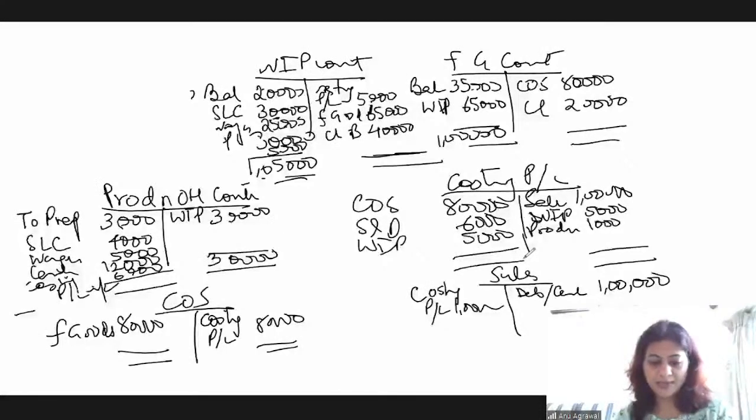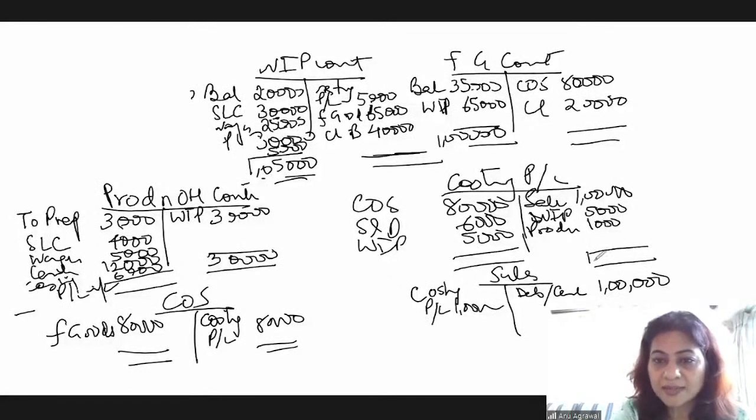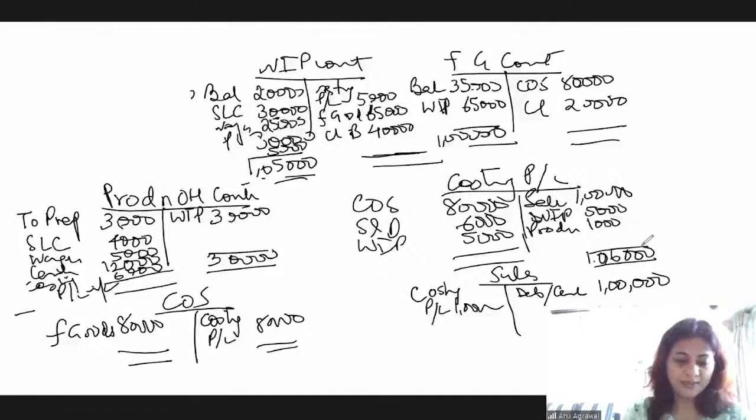So it is 1 lakh plus 5,000 plus 1,000, 1 lakh 6,000. 1 lakh 6,000 minus 80,000 minus 6,000.